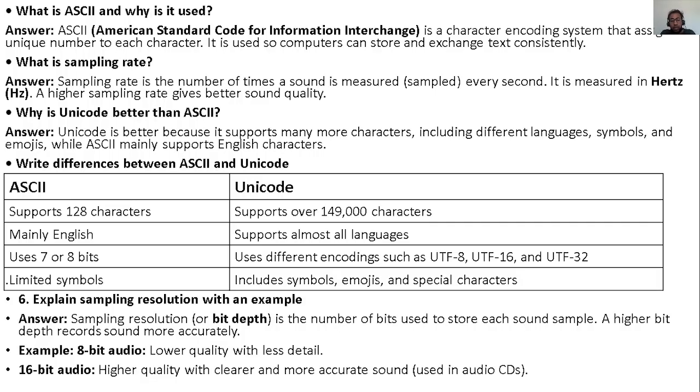Sampling resolution, or bit depth, is the number of bits used to store each sound sample. The number of bits used to store each sound sample is basically our sampling resolution. A higher bit depth gives more accurate sound. Basically, 8-bit audio is lower quality with less detail, while 16-bit audio is much better quality with clearer and more accurate sound.